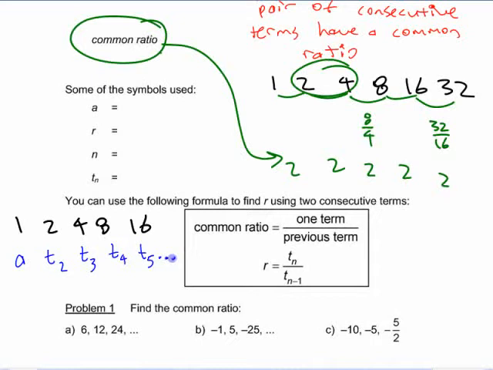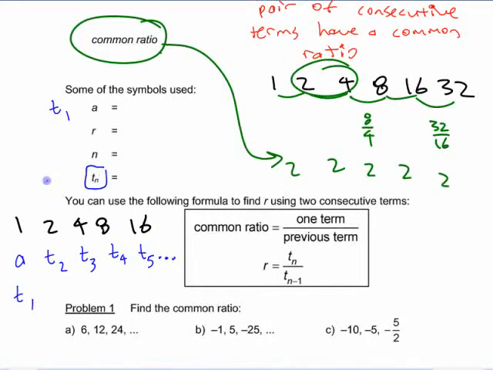To me, it would make sense to call the first term, what symbol to use? T1. So you could say T1 or A, up to you. All the formulas that you're going to have on the provincial exam and on formula sheets are going to have A for the first term. But you could call it term 1.